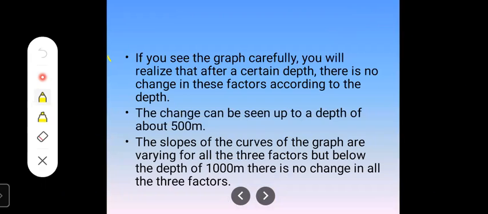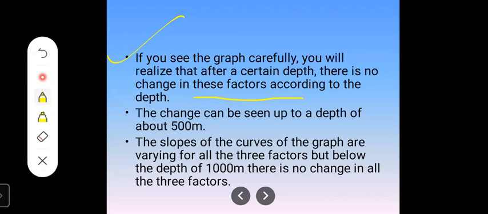If you see the graph carefully, you will realize that after a certain depth, there is no change in these factors according to the depth. When we have seen the graph, students, it is only up to a certain point that there are changes. Once we are below 200 meter depth, it is fixed.